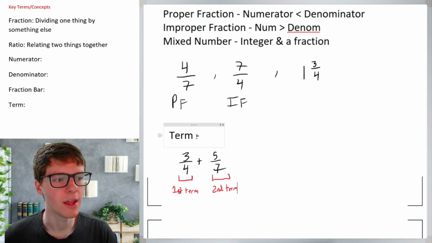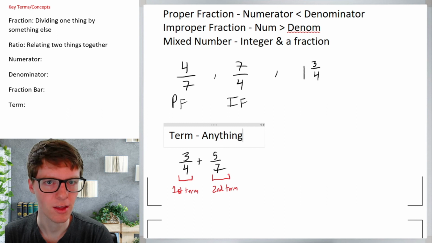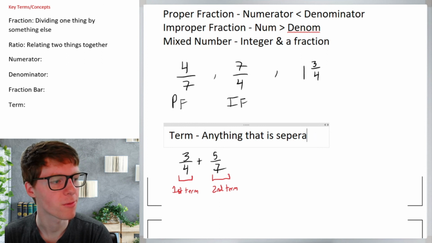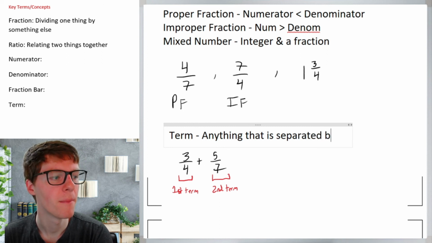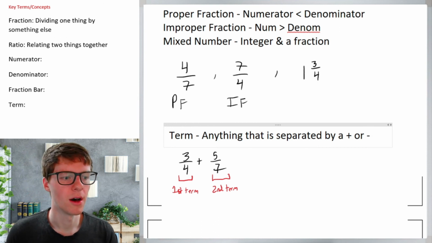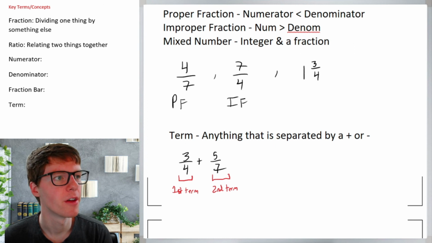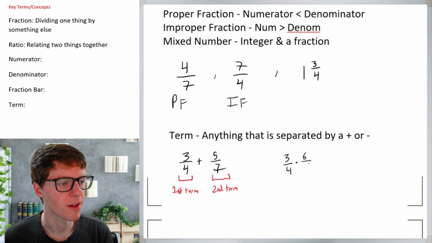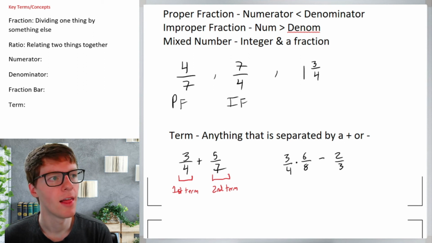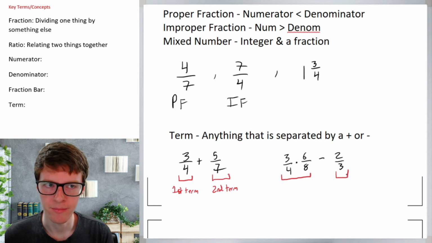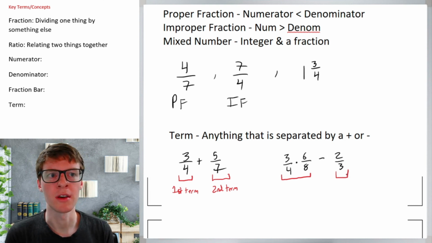And the reason is that a term is anything that is separated, I always spell that wrong, separated by a plus or minus sign. So if I have something like 3/4 times 6/8 minus 2/3, this is going to be one term. This is going to be my second term.